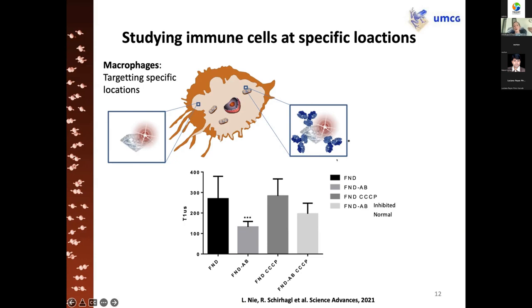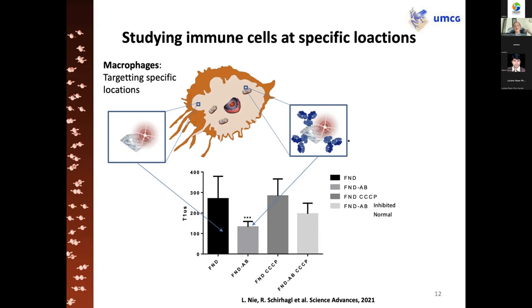So we can target these particles to go near the mitochondria. Now if you look at our T1 data, again, low T1 means high radical concentration. What you can see is that, first of all, the particles that are in mitochondria have a higher radical load, which is what you would expect.